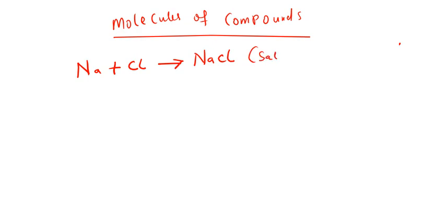One good thing about this is that their combining power is 1. The valency of sodium is 1, while that of chlorine is 1. All right, so let's look at sodium oxide.